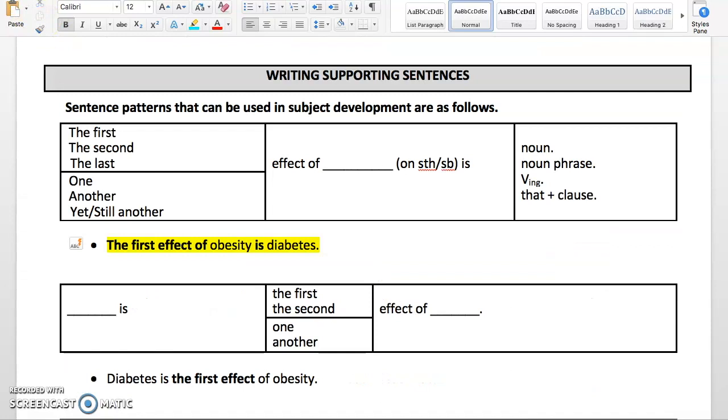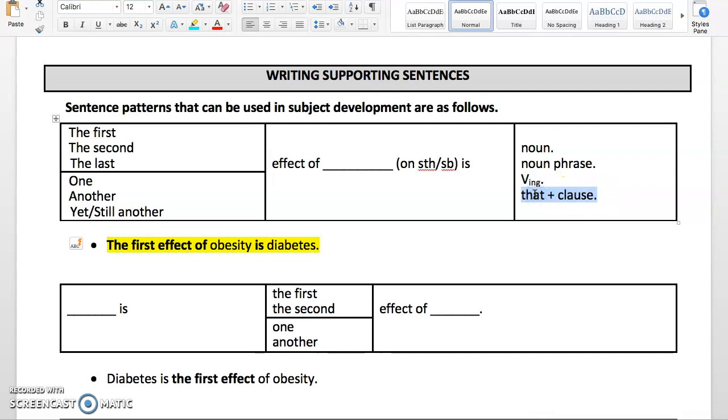Alright, so in order to write a good major sentence in an effect analysis paragraph, you can use these starters at the beginning of a sentence, like the first effect, the second effect, the last effect, or one effect, another effect, yet another effect, or still another effect. Okay? And then you will have the topic here, and then is, and then this is can be followed by a noun phrase, a verb ing, a gerund, or that was clause.